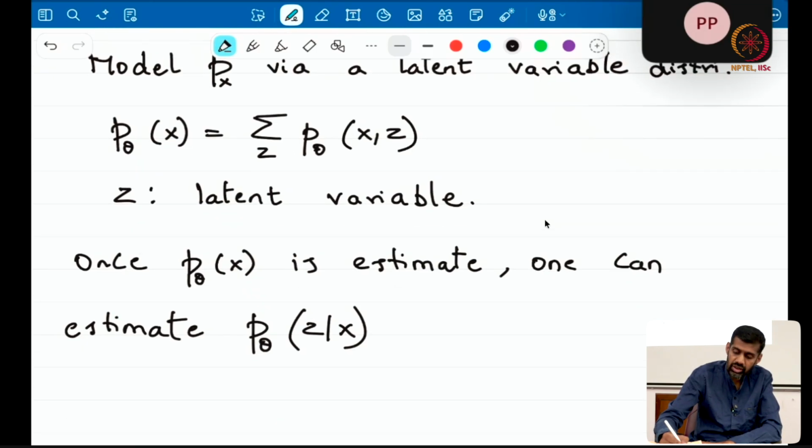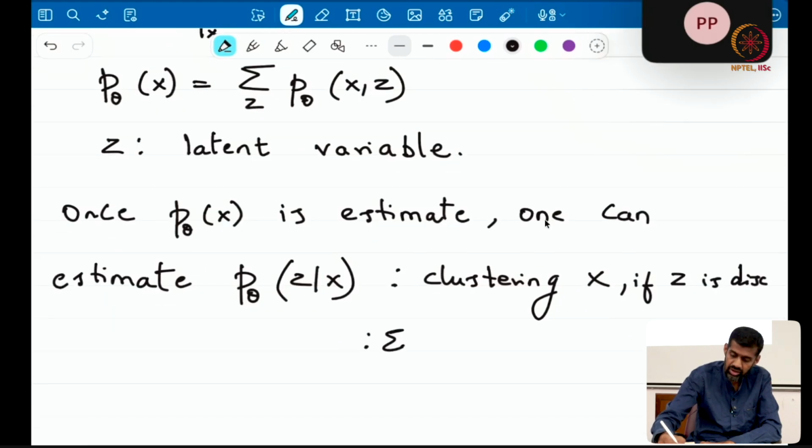Now, this can be looked into as clustering the data space x if z is discrete, and as feature extraction or embedding if z is continuous.